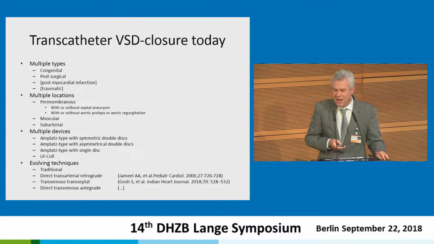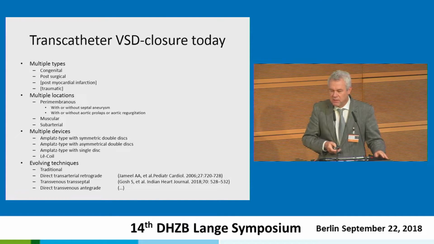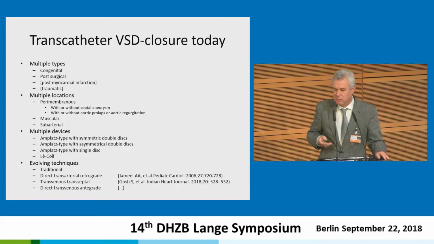Most of them are the Amplatz type. It's not the Amplatz company anymore, but more or less it's a family of devices with symmetric double discs, asymmetrical double discs, a single disc, which is used in the PDA also, and there's also one coil developed by Dr. Lock from Bremen, which is suited for interventional closure.